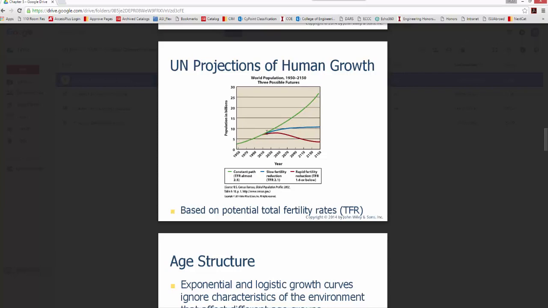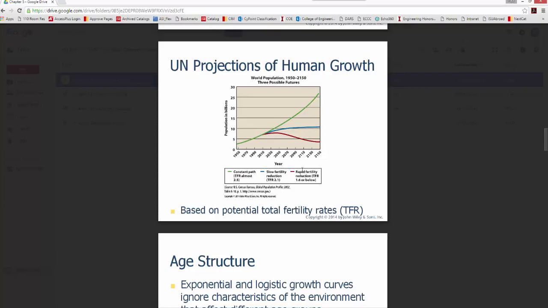This is what we call that S curve. So again, right here it begins to stabilize right around 11 billion. We're talking about world population around 11 billion, if the average number of children per female is reduced to 2.1.